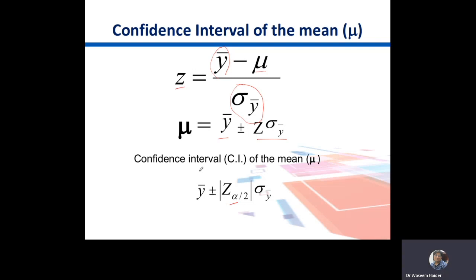So these limits, lower and upper, give you that particular level of confidence about the population mean. We can say that we are 95% confident that our population mean is between these two limits. We calculate those limits by using the sample mean and adding and subtracting this part onto it.